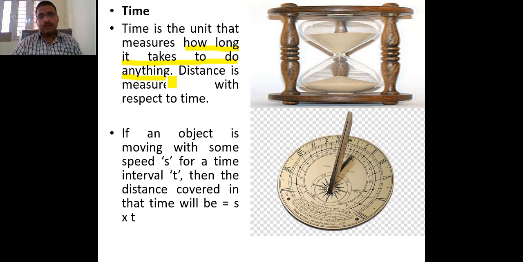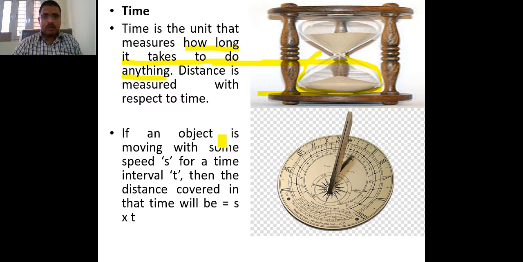Like this, if there is an object in which sand is filled, how long will it take for all the sand in the upper part to get into the lower part, from this glass jar into that glass jar? This is all about time.